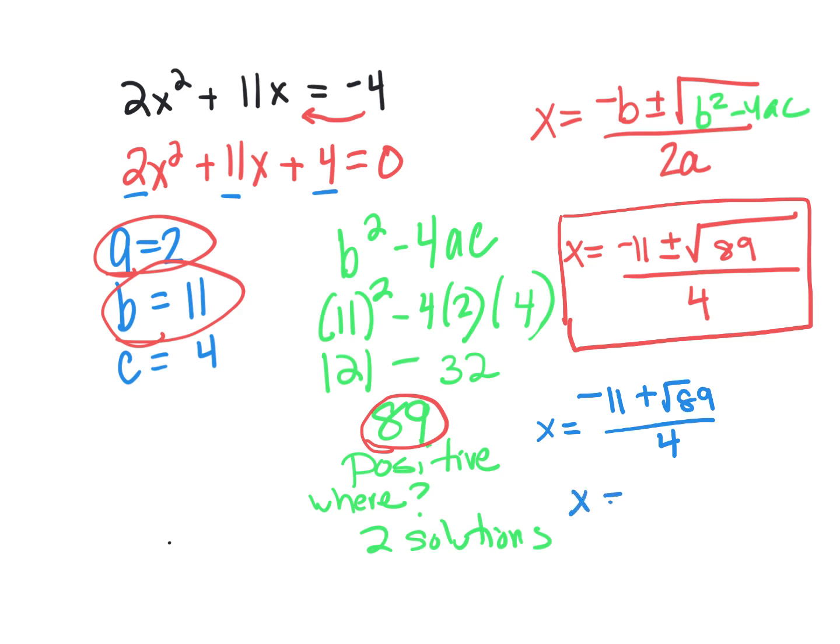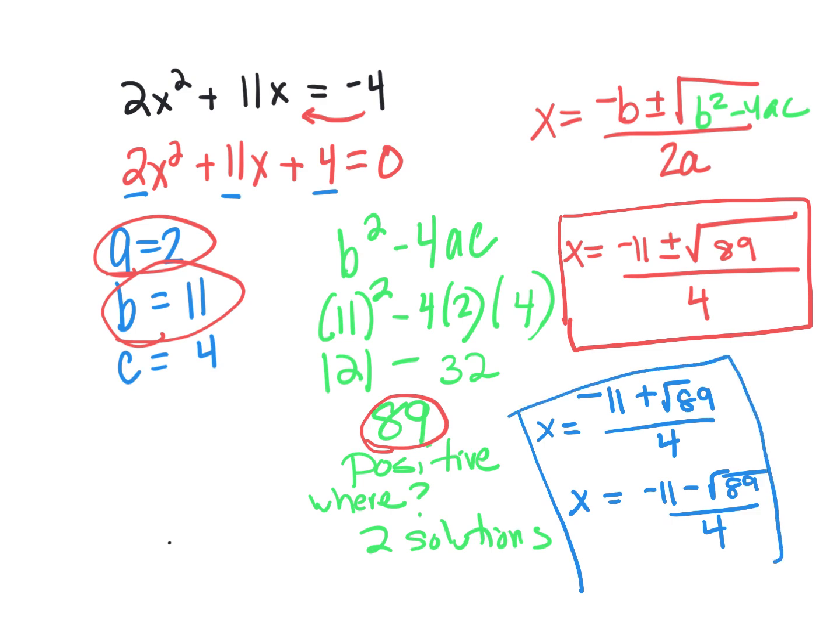And then my other x-intercept would be negative 11 minus the square root of 89 divided by 4. Okay, that's how we would figure it out if we wanted to approximate it using our calculator. Okay, for purposes of our Canvas quiz, our answers are left in this format. All right, let's try another one together.